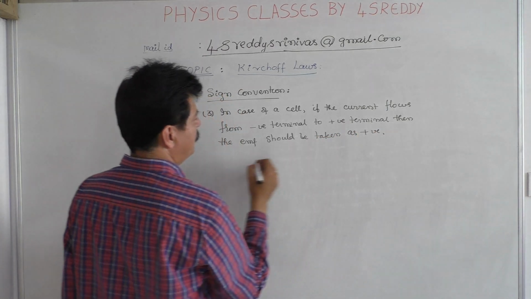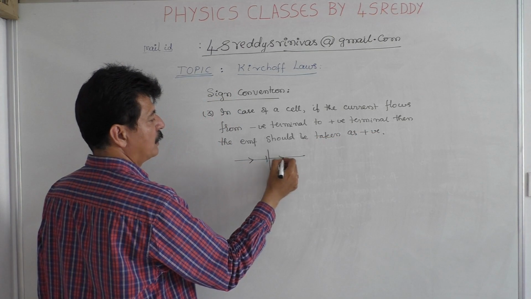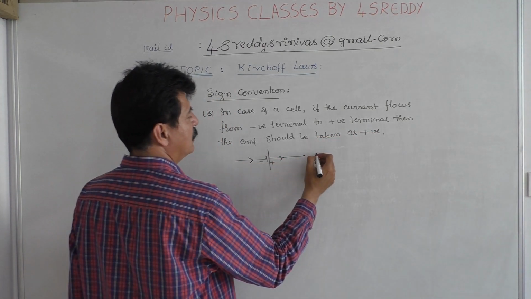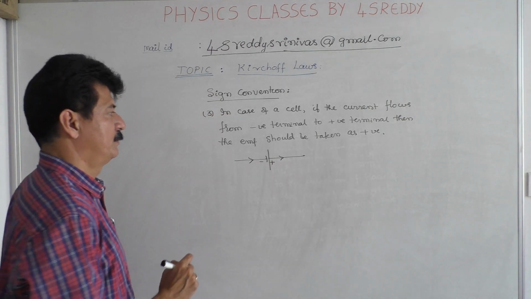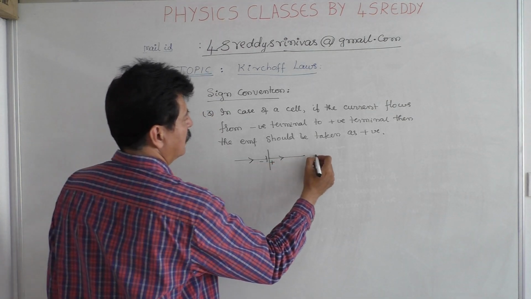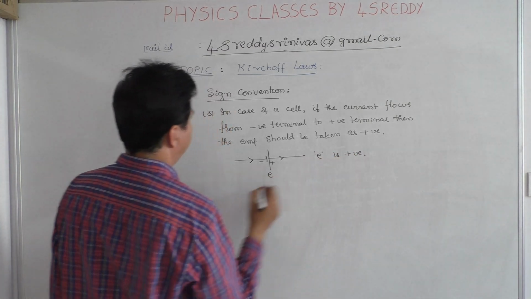The EMF should be taken as positive. Suppose this is minus and this is plus, and the current is flowing like this, then the EMF is always taken as positive. That is here, that small e is positive.